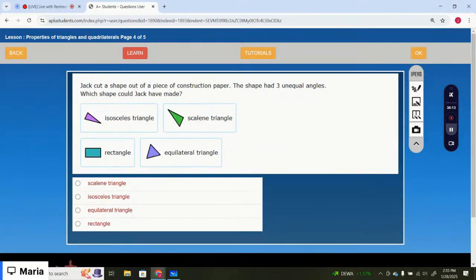Jake cut out a shape out of a piece of construction paper. The shape had three unequal sides. What shape could Jake have made? Which is the correct option?